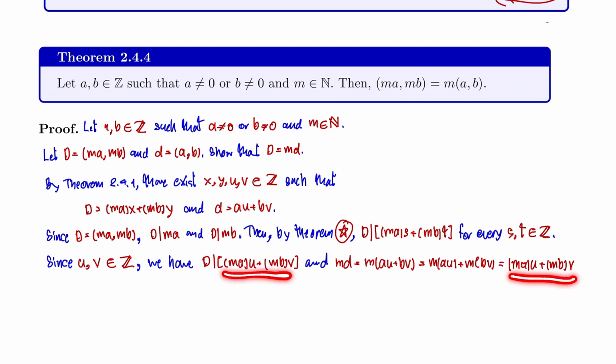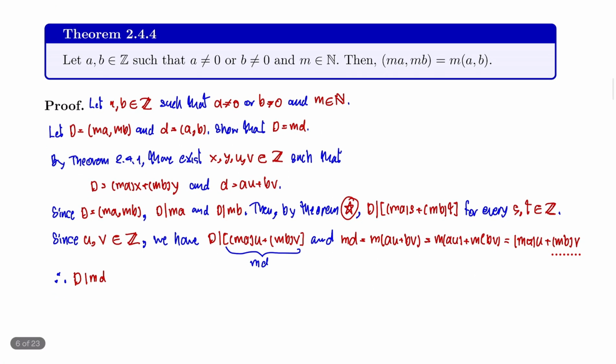This guy right here is MD. So that means that we have big D divides MD. So the next thing that I have to show is that MD divides big D.